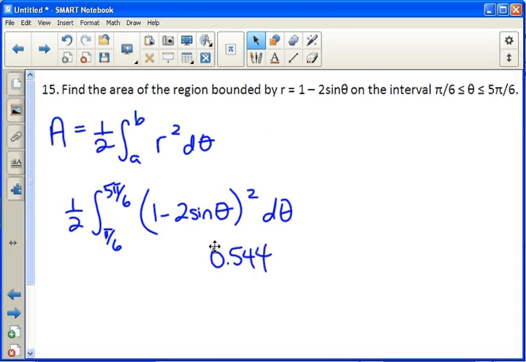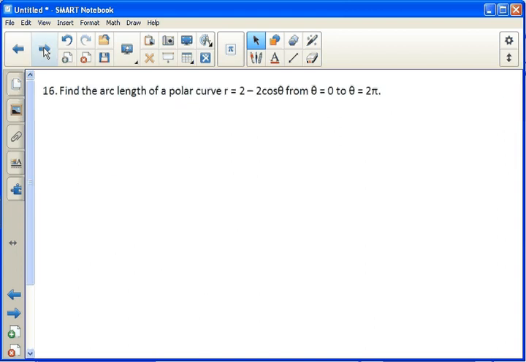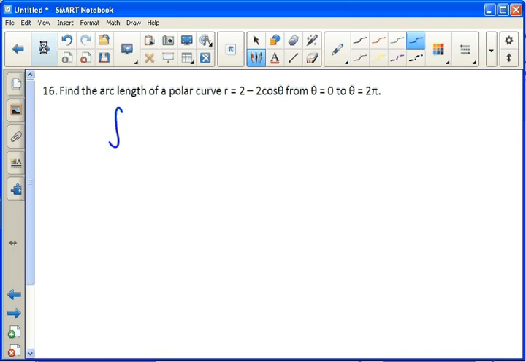Final problem. Find the arc length of a polar curve, r equals 2 minus 2 cosine theta, from 0 to 2 pi. The equation for arc length looks like this.